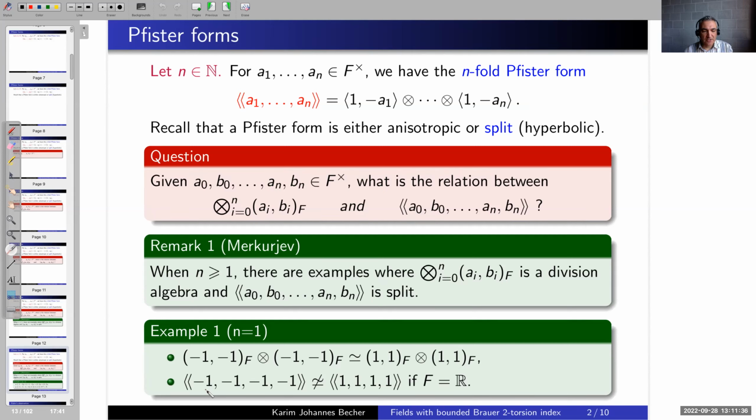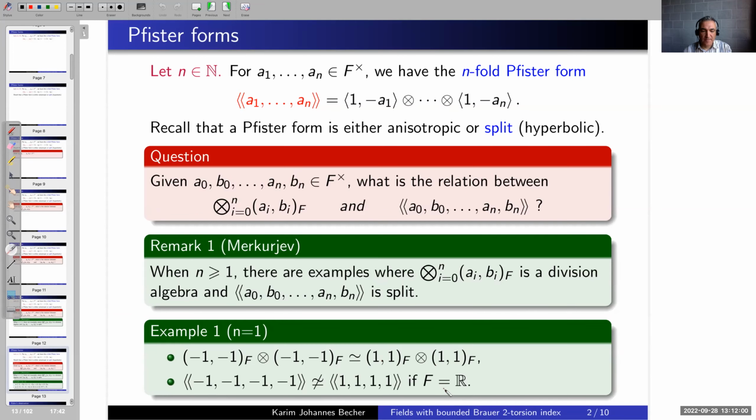But over certain fields, the Pfister form that I would get here for n equals 1, a fourfold Pfister form, a 16-dimensional quadratic form with entries 1, is non-trivial, and here you would get the hyperbolic form if you take the other coefficients that I took on the right-hand side.